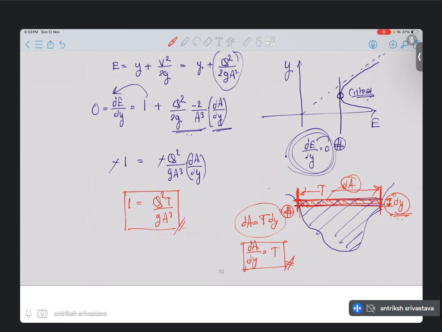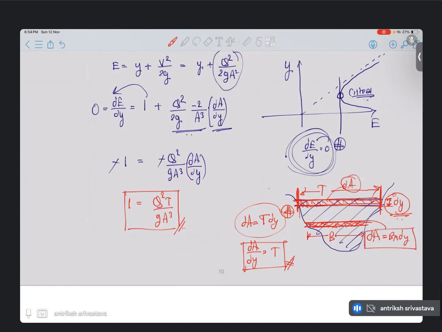Now I have always had this doubt, and I couldn't find any proper clarification, and I am also going to leave you with this same doubt: why do we look at this element of the cross section in a channel at the top? Why don't we look at it here? If we do that, we cannot put dA by dy equal to T. This small area dA is going to be some width b into dy, right?